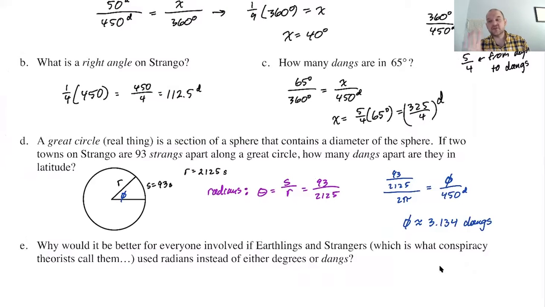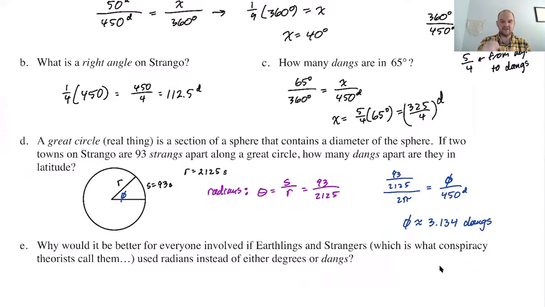It was incredibly useful to me that at the last second after I drew the picture, I thought to myself, let's just use radians, right? Because I have the radius, I have the arc length, I can geometrically determine that angle using radians. And once I know radians, I could convert that to any system. I could have converted it to degrees if I wanted to.